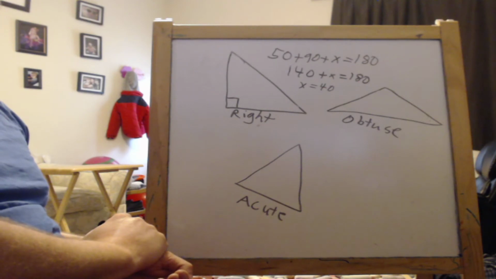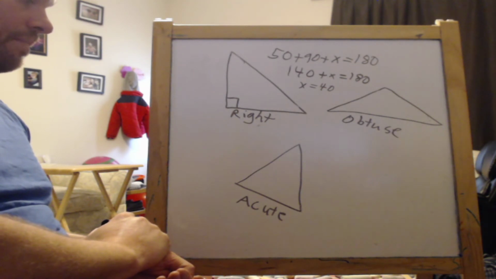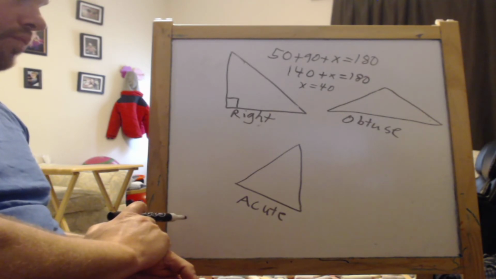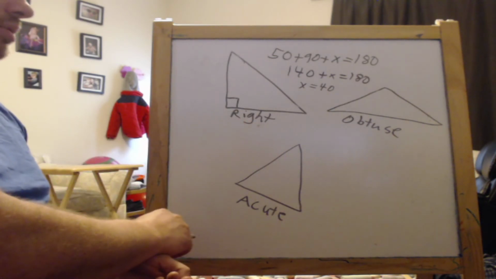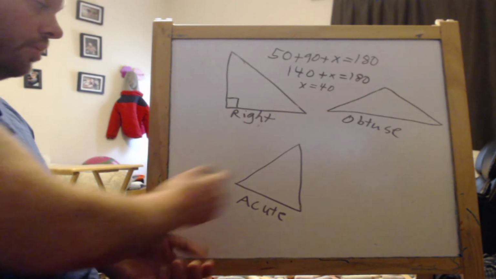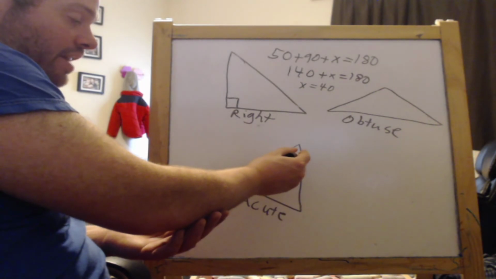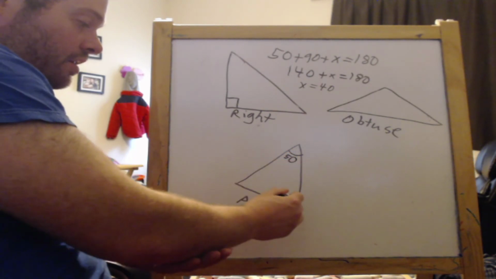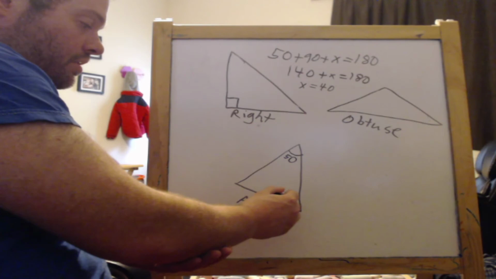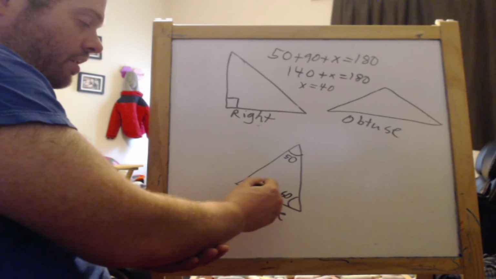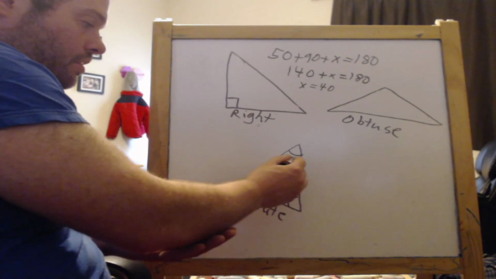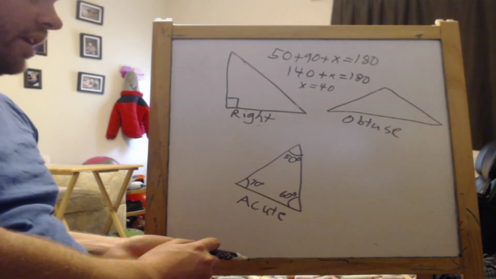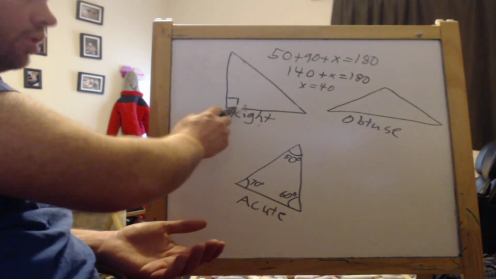But we can get to a triangle that has three acute angles, right? No obtuse, no right angles, and that would be an acute triangle, okay? So something like this could be, let's say 50, 60, 70, okay? So these would add up to 180, and none of them are greater than 90.